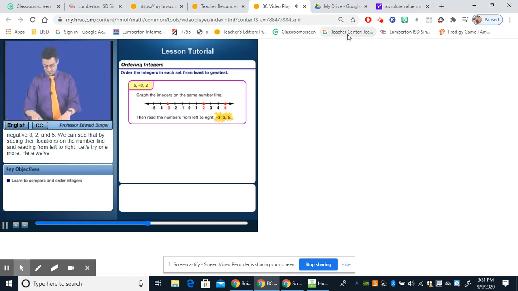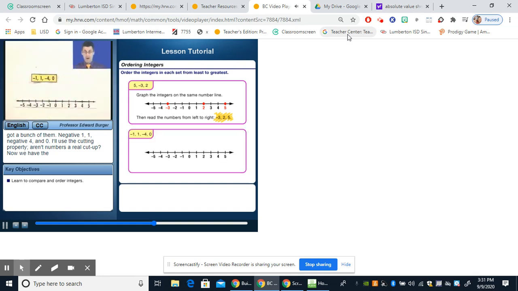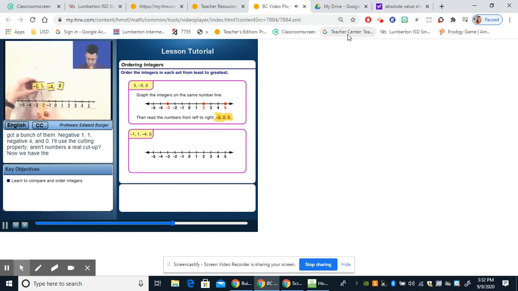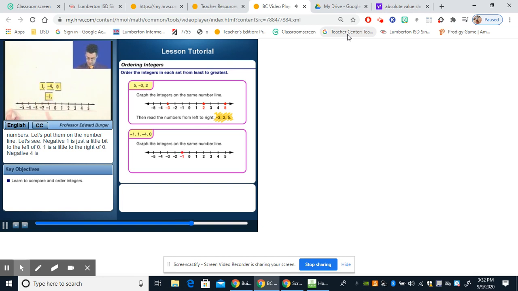Let's try one more. So here we've got a bunch of them: -1, 1, -4, and 0. So I use the cutting property. Aren't numbers a real cut up? Okay, so now we have the numbers. And now let's put them on the number line. So let's see. -1 is just a little bit to the left of 0. 1 is a little to the right of 0. -4 is way off to the left.